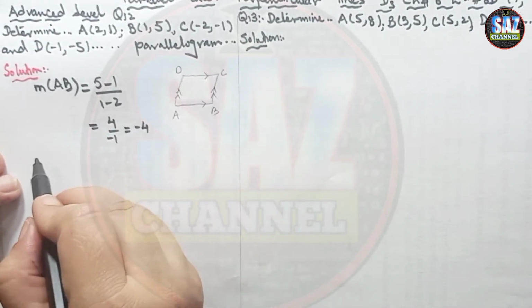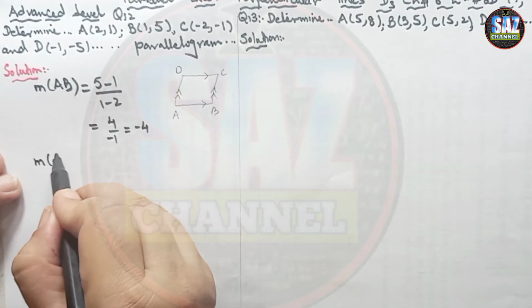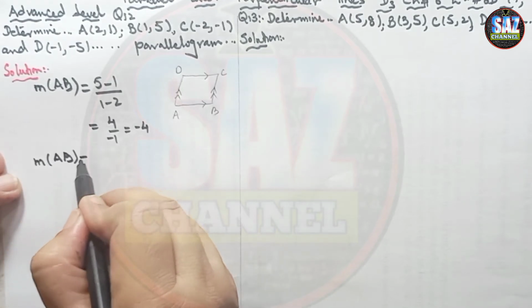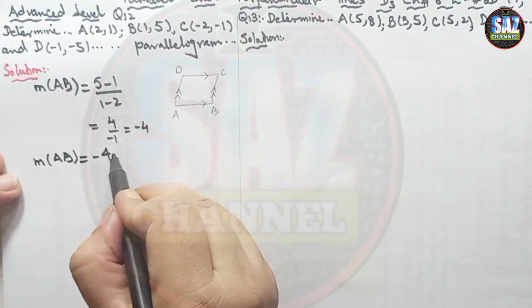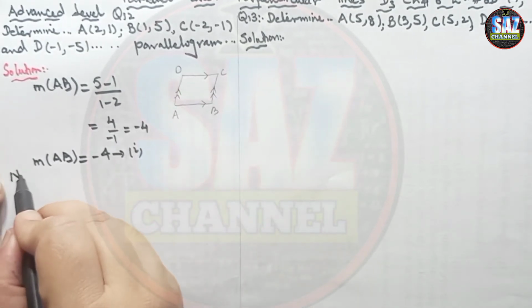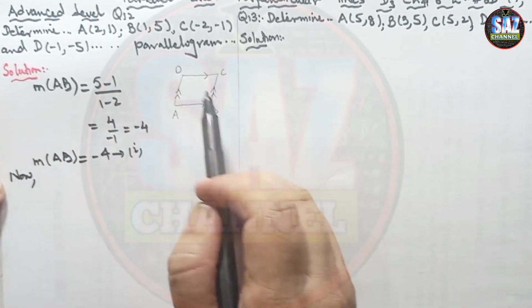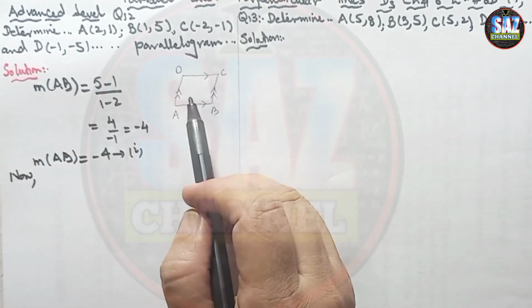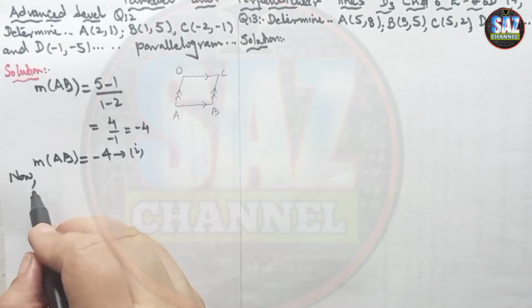Gradient AB is minus 4. m_AB equals minus 4, and let's mark it with some number. Now for AB we have to check whether AB is parallel to CD or not.